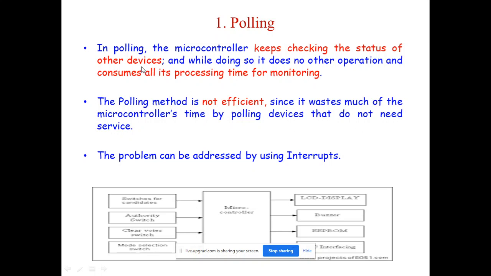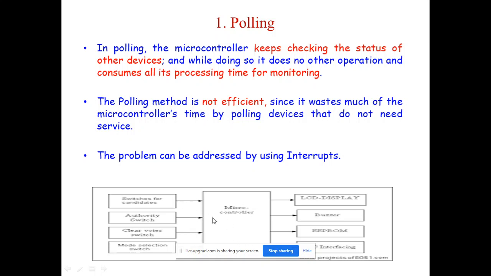That's why I say that in the polling method, the microcontroller keeps checking the status of other devices, and while doing so, it is not doing anything else. It is just continuously monitoring the other devices' status, which is nothing but wastage of time. That's why we say the polling method is inefficient, because the microcontroller is not doing its own job.